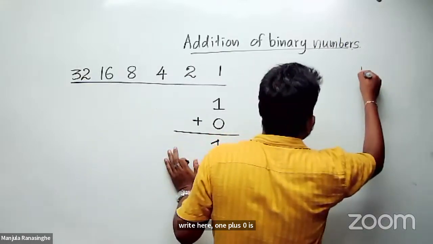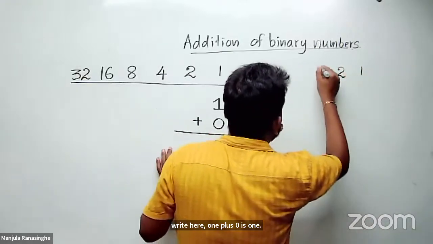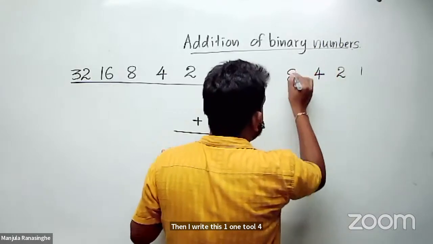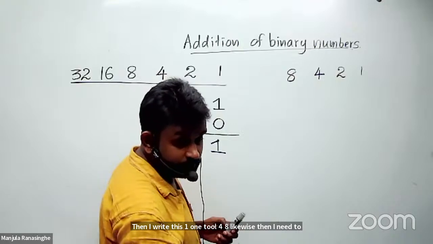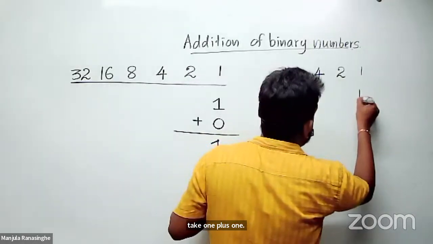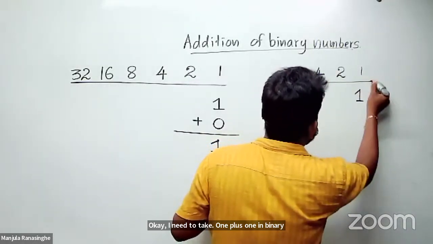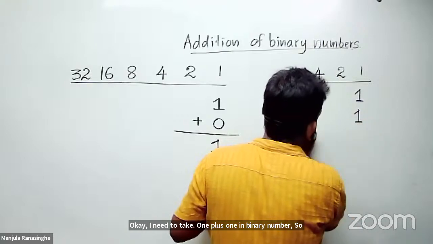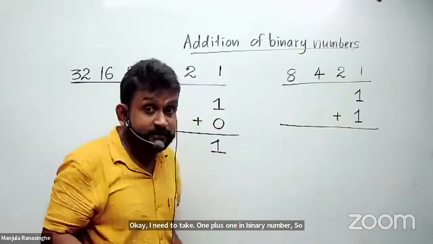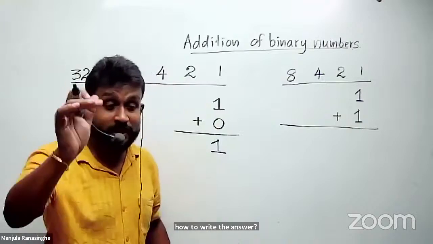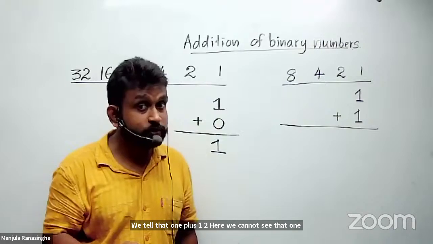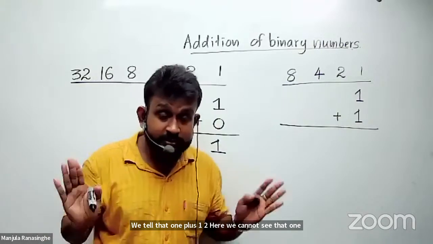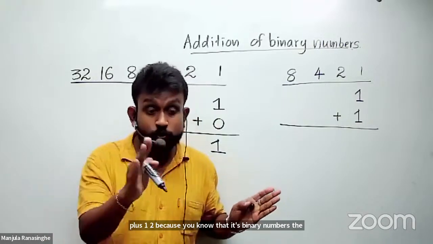Then I write this one, 1, 2, 4, 8, likewise. Then I need to take 1 plus 1 in binary numbers. See there, how to write the answer? In decimal numbers, we say that 1 plus 1 is 2. But here we cannot say 1 plus 1 is 2, because in binary numbers the digits available for us to write are 0 and 1.